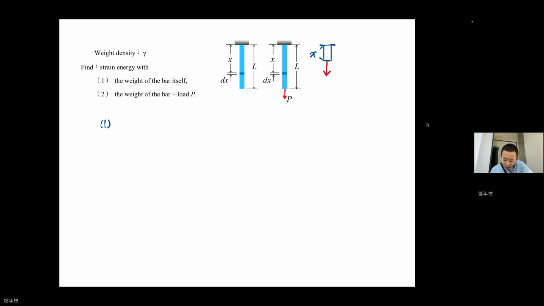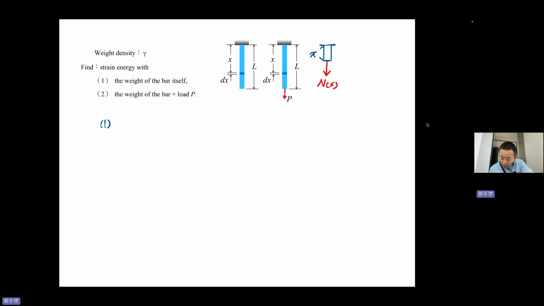All right, and the self-weight normal force, internal force will be N of x. Of course, the N of x will be the internal force due to the self-weight.